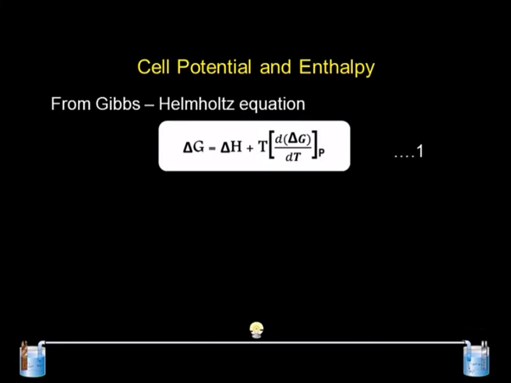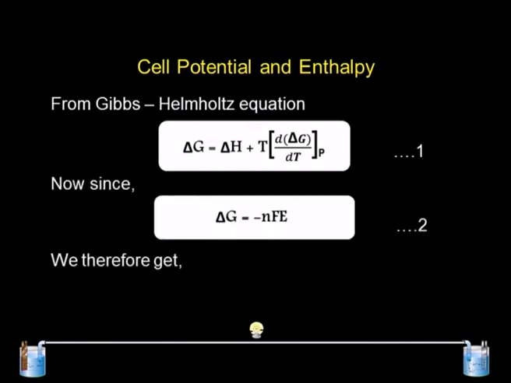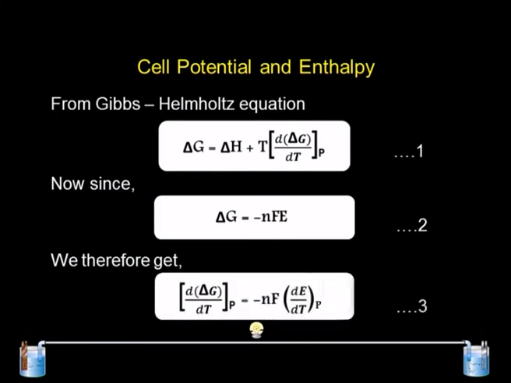From the Gibbs-Helmholtz equation, we can also write delta G is equal to delta H plus T d by dT delta G at constant pressure. Now, since delta G is equal to minus nFE, we therefore get another relation in which d by dT delta G at constant pressure is equal to minus nF dE by dT at constant pressure.